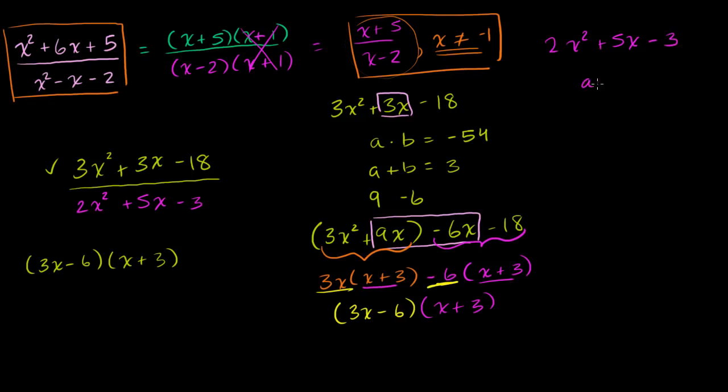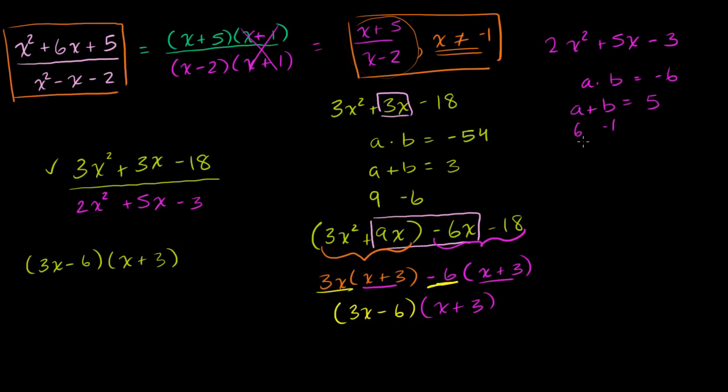So once again, a times b needs to be equal to negative 3 times 2, which is negative 6. And a plus b needs to be equal to 5. So in this situation, it looks like if we went with 6 and negative 1, that seems to be a better situation. 6 minus 1 is 5. 6 times negative 1 is negative 6.